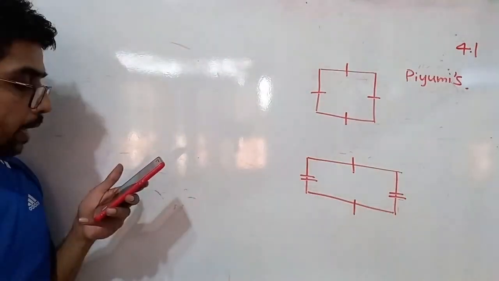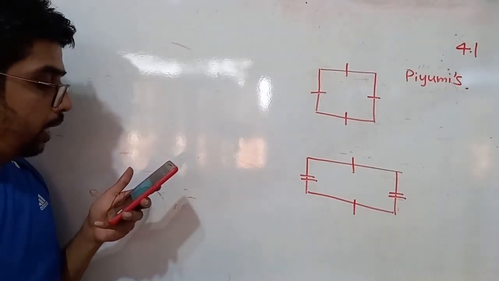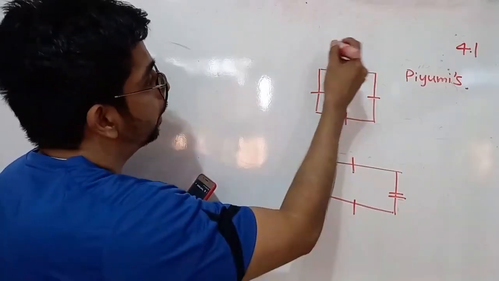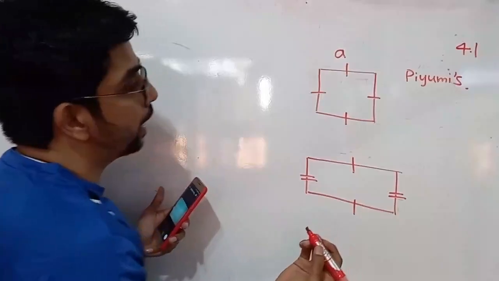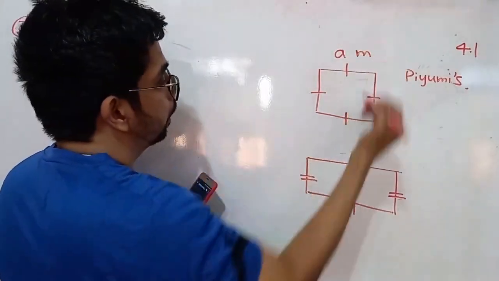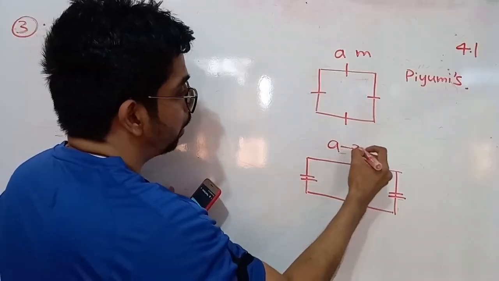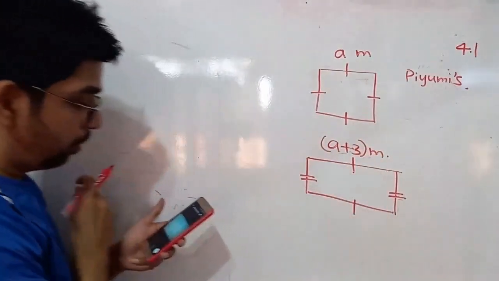The length of the sister's bed was 3 meters more than Pumi's. So here we will take the length of Pumi's flower bed as simply a meters. Then the sister's flower bed length should be a plus 3 meters.